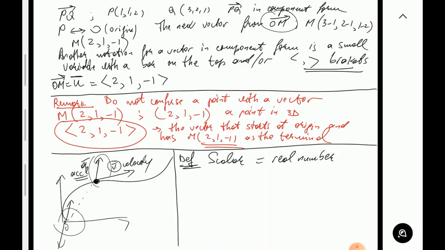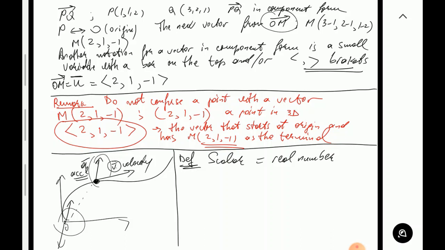But for our purposes, basically a scalar is just a quantity to not be confused with a vector. It's a real number, but the scalar can be associated with a vector. Because like I said before, a vector does have a magnitude and a direction.